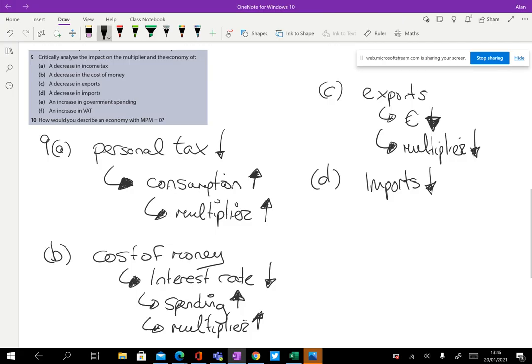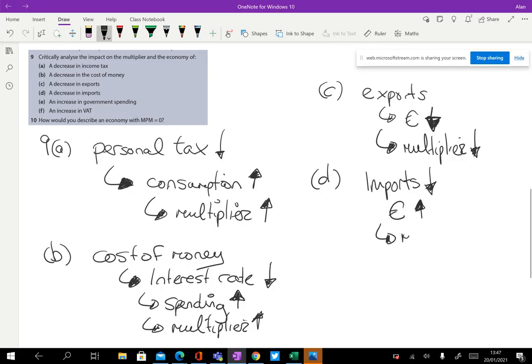You have to pay Nike, you have to pay Apple for that, which means the money leaves the country, which means money-wise, it is a bad thing for the economy if you have to import. Now, if imports decrease, there's more money in the Irish economy because we're not spending our money on a foreign good.